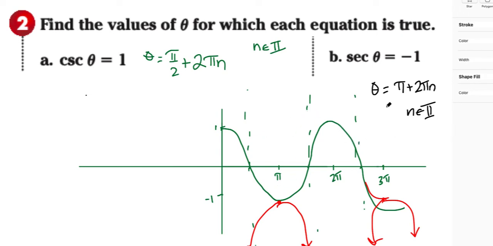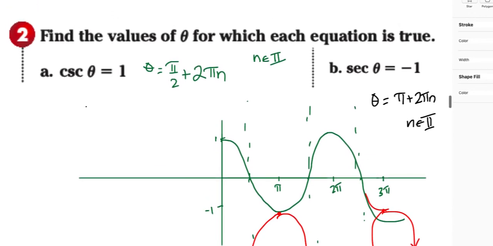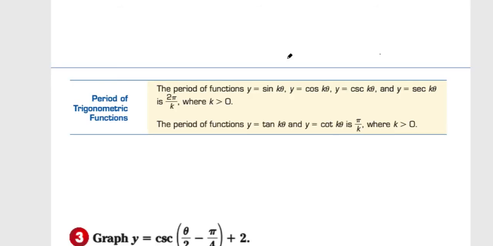All right, so that can work. I think if you wanted to write any odd multiple of pi, that would work as well as an answer for this one. So what this little bit of information is showing us is that you can determine the period of a trig function by looking at the coefficient of the angle theta.